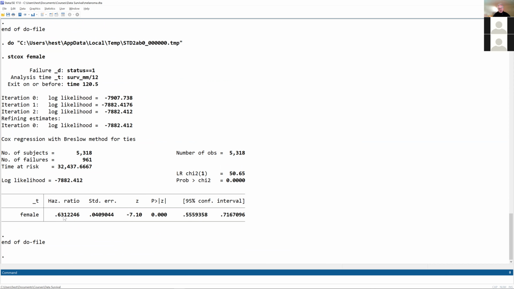Any hazard ratio less than 1 means that you have better survival for the females. In this case, what is it, 27% better survival among the females, or fewer deaths among the females. It's significant, and this is the confidence interval for the hazard ratio.